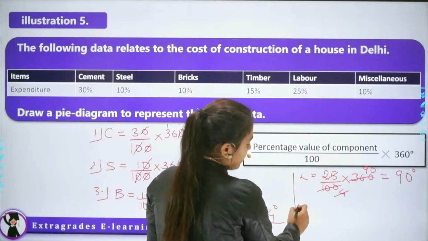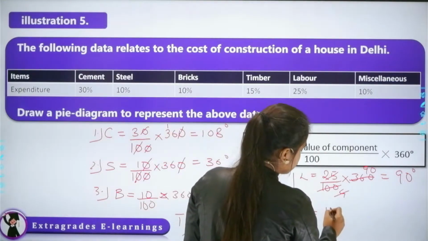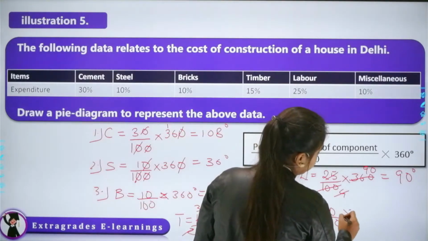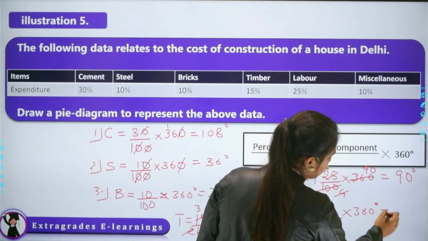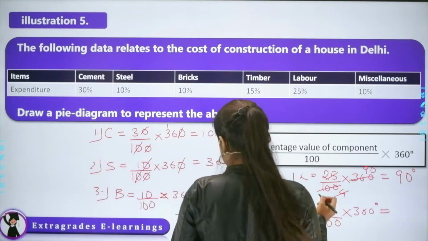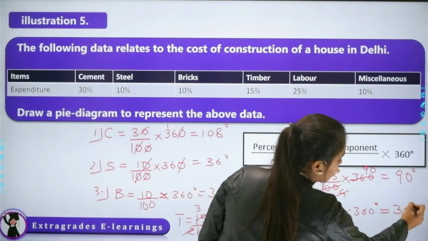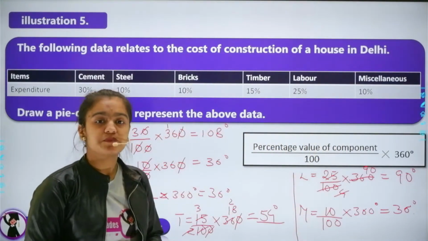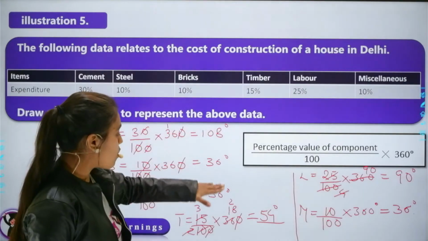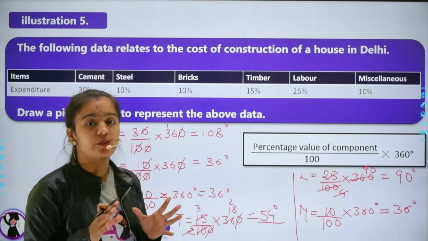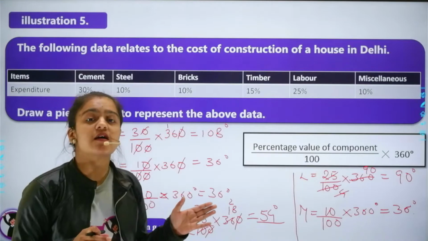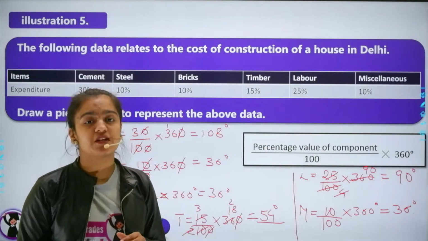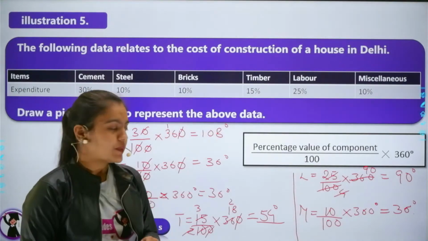Then at last we have miscellaneous, again 10%, so again we are going to get 10 upon 100 into 360 degree equal to 36 degree only. Now representing all these angles in a pie chart, as we have already done in the other examples, you just need to draw a pie chart and represent these different angles on it, and your question will be solved.